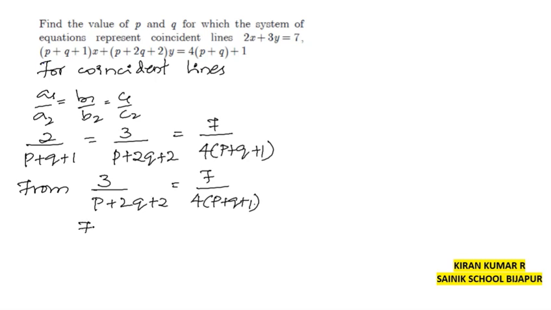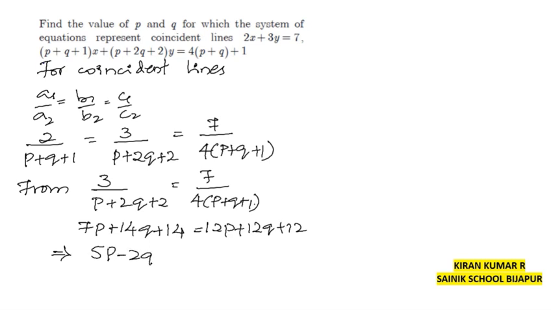I'll be getting 7p plus 14q plus 14 equal to 3 4s are 12, so 12 has to be multiplied to these terms. So 12p plus 12q plus 12. Simplifying further, we'll be getting 5p minus 2q minus 11 equal to 0. Let me call this equation 1.